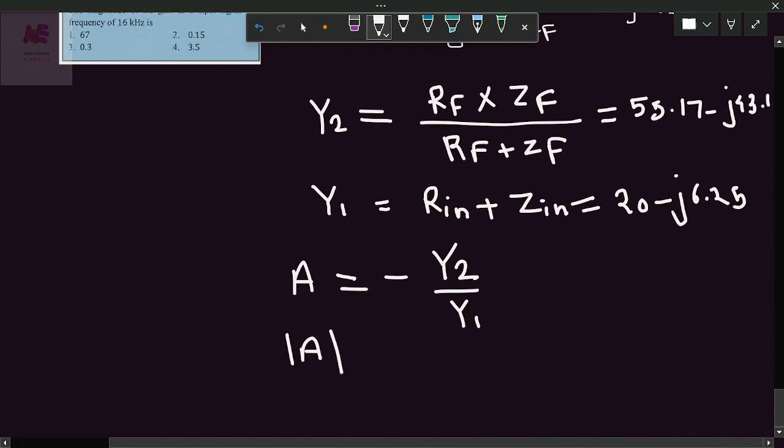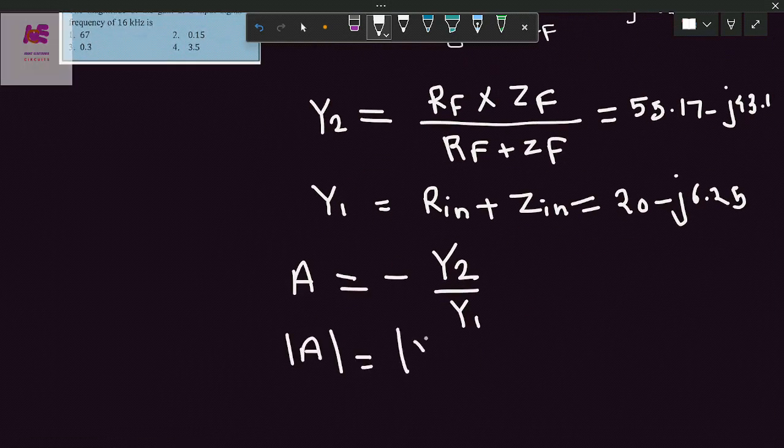So take the mod of A, which is equal to the mod of the total feedback impedance divided by the total input impedance, that is Z2 and Z1. Putting in the values, 55.17 minus j 43.1 divided by 20 minus j 6.25, and after solving and taking the magnitude, we get the magnitude of the gain.